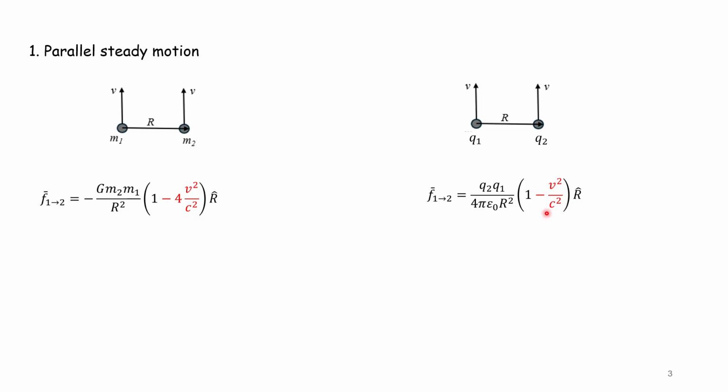So this is like a 10 to minus 23 correction. So it's not measurable. And the same thing here, even if you can have speeds of the masses of 100 meter per second or so, this term is extremely small compared to this. So this is not observable in gravitation, but in electrodynamics, this is observable.